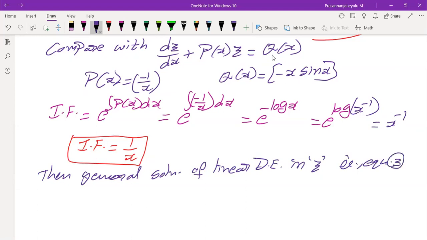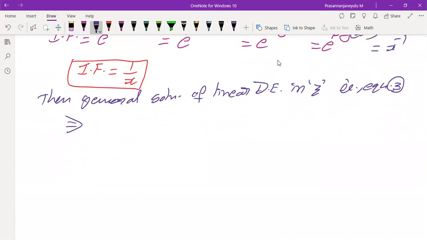What is the formula? Z into IF is equal to integration of q of x into IF into dx.